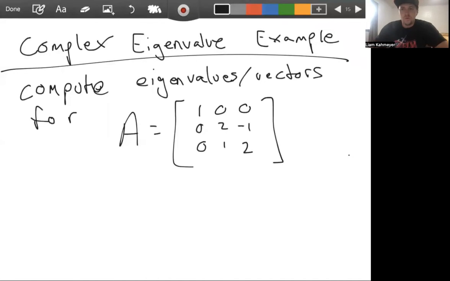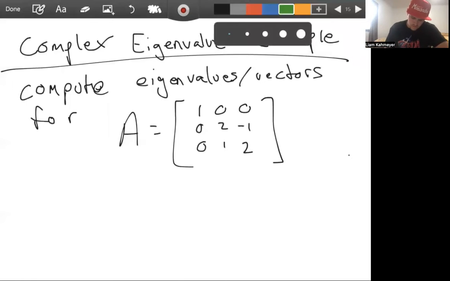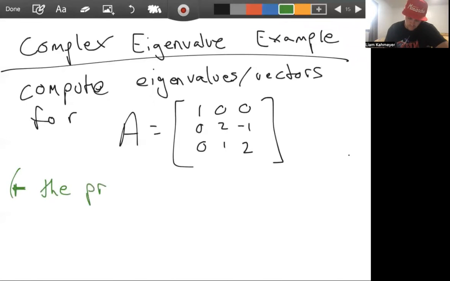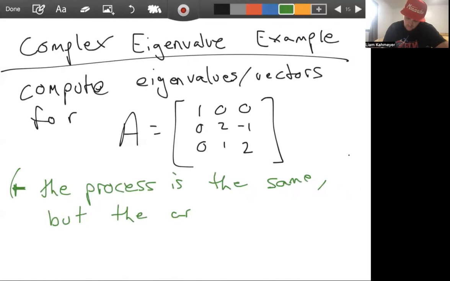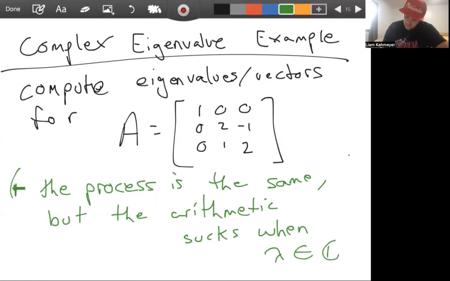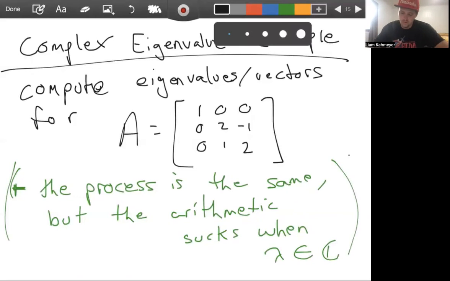All right, so the process is the same, but the arithmetic sucks when lambda is complex. But at least the process is the same, right? So you know what path you're going on.